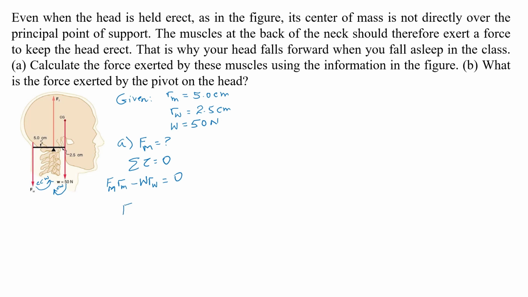Rearranging, F sub m will be equal to just adding W times R sub W to both sides and then dividing by R sub m. That yields R sub W over R sub m times the weight.